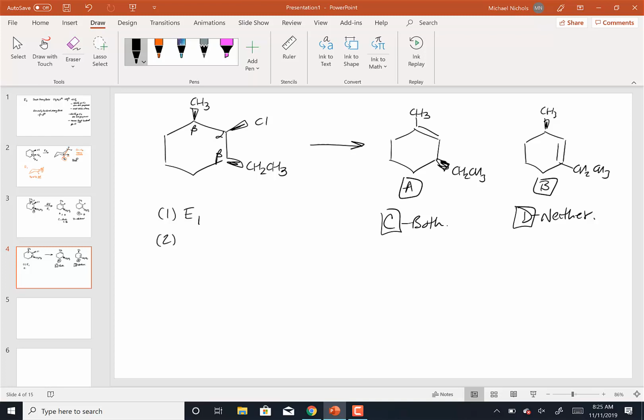Number 2, with NH2 minus, which is a small, strong base, what would be the major product or products of that reaction? Number 3, tertiary butoxide. What would be the major product or products of that reaction?